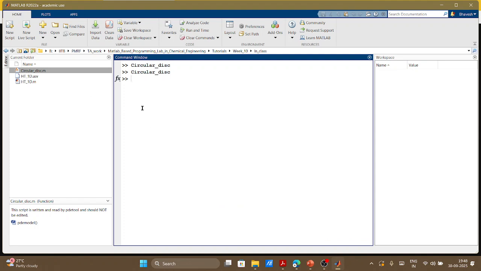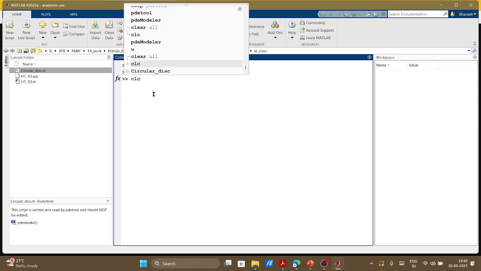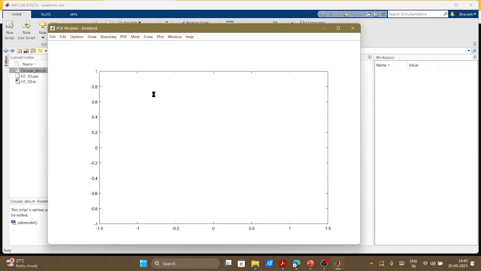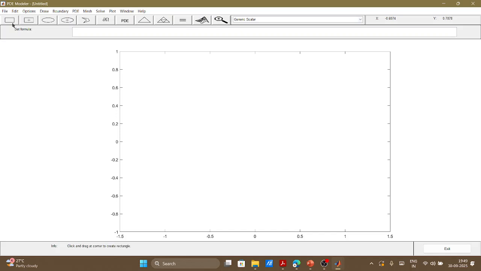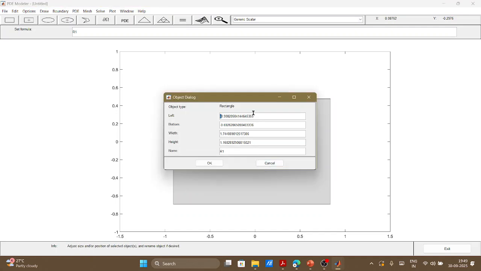Here, let me call the PDE modeler. Put geometry, this is a square geometry. So the edge starts from 0, 0 and goes to 1, 1.